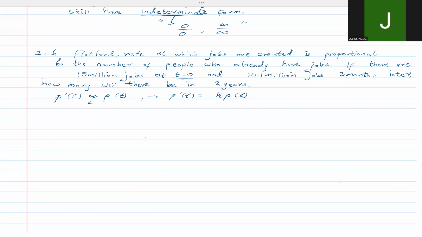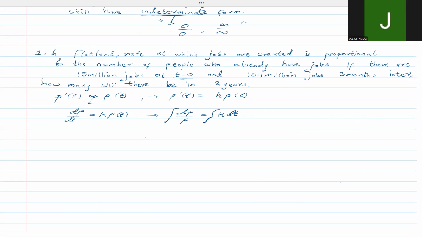Then we do separation of variables. We have the derivative of P with respect to t equals a constant multiplied by P of t. And with that, we can separate the variables: dP over P equals k multiplied by dt. And then we perform an integration.